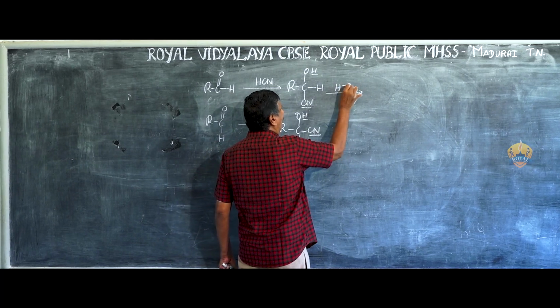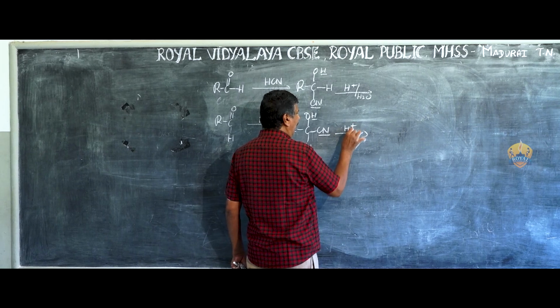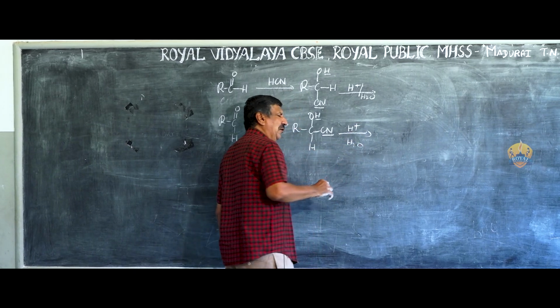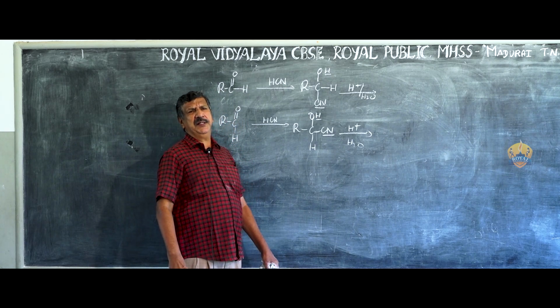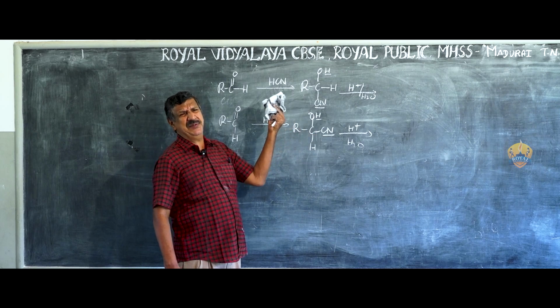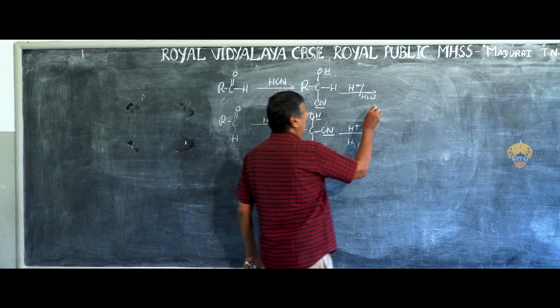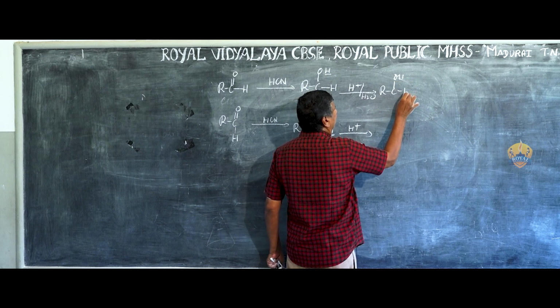So, simultaneously, it undergoes hydrolysis. What will it do? Go for the common reaction. What does the common reaction say? Cyanide on hydrolysis gives acid. That's all. You see, it gives the acid like this.